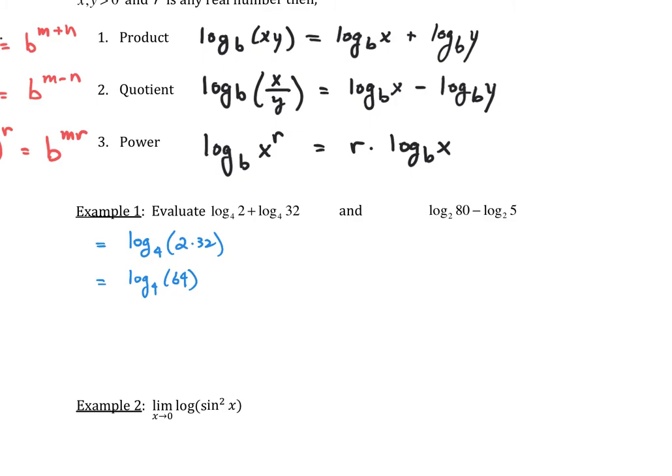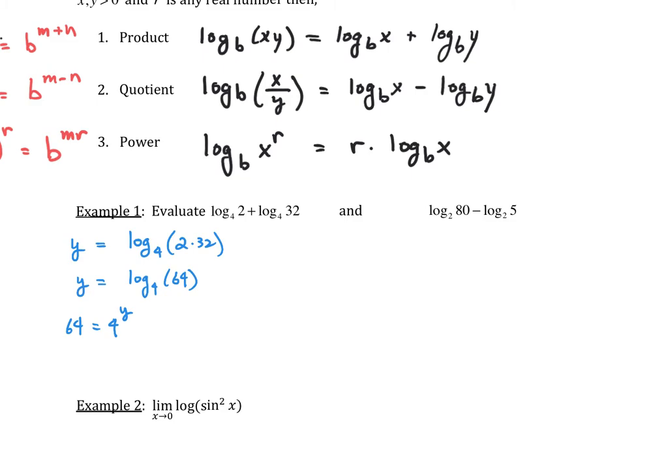So we can call whatever this exponent is equal to y. So I have this equation in logarithmic form. And in order to figure out what y is going to be, I want to rewrite this in exponential form. So when I write this in exponential form, the x value is 64, the base is 4, and the exponent is y. Okay.